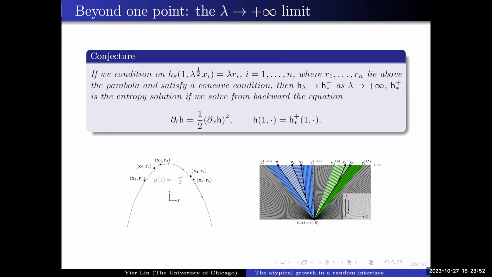And actually the conjecture is, if we generalize this to the multi-point situation, where we condition multi-point values to lie on this parabola and understand the limiting shape of the KPZ equation, what people should expect is, again, the limit shape is given by solving this equation backward with a certain initial condition, again from putting this rubber band on the parabola and making it pass through these points, and then solving it using the characteristic method.